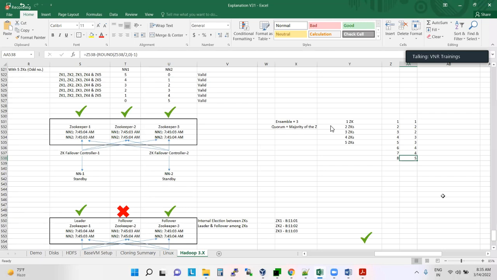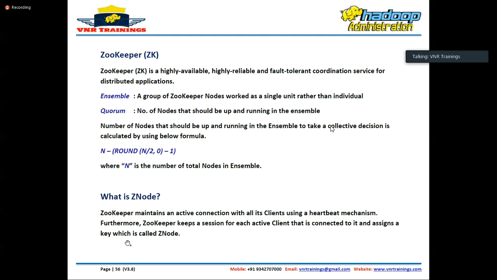If you have 7 zookeepers, 4. If I have 6, 4 should be up and running. If 3 are up and running, it is 50%. I told you availability should be more than 50%, not equivalent to 50%. So at least 4 should be up and running. That is quorum.